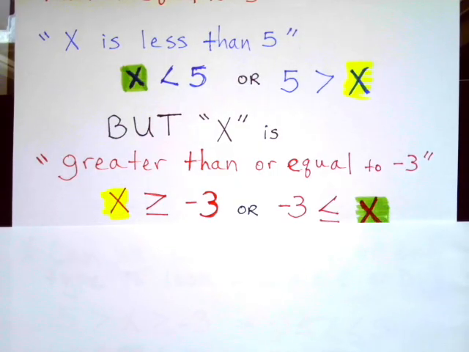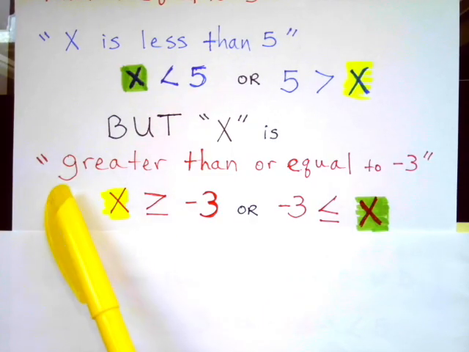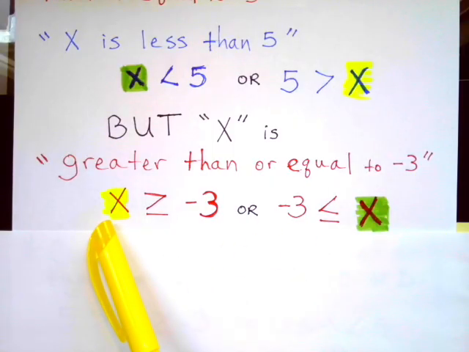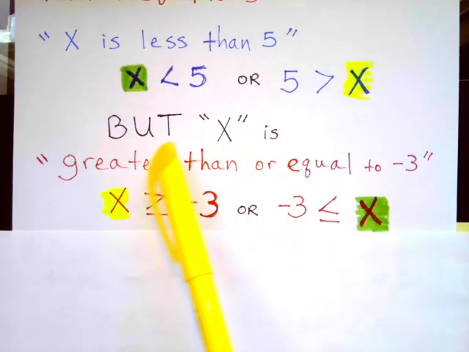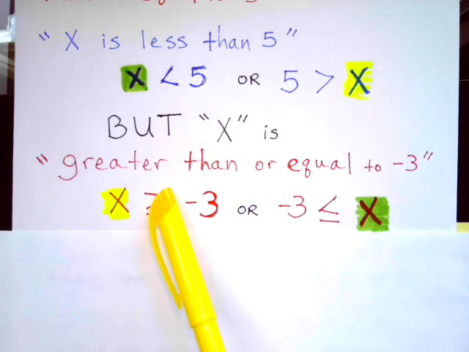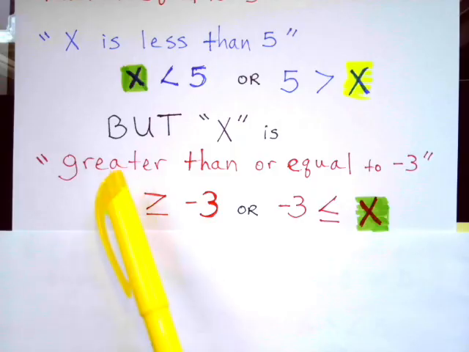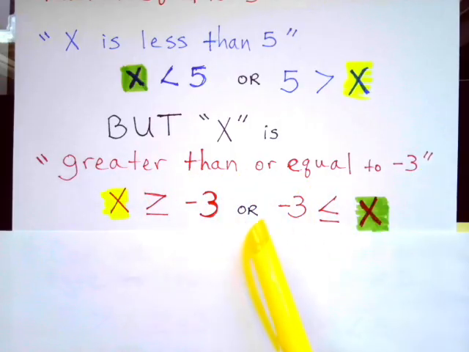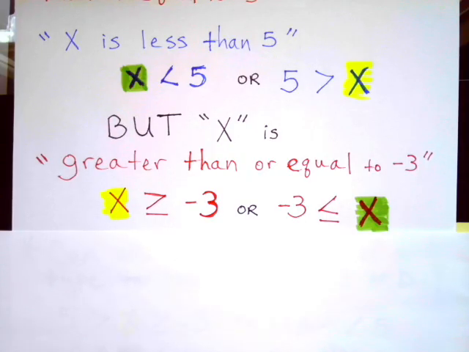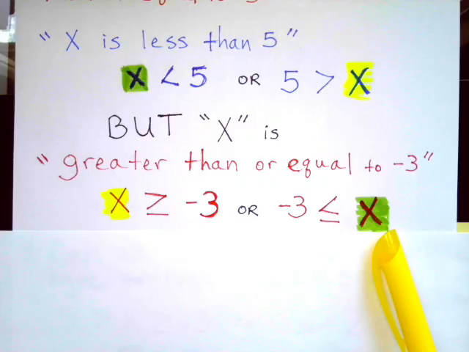So x is greater than or equal to negative 3. That's what the "but" kind of represents. Or, if you took it and flipped it, you're saying the same thing: negative 3 is less than or equal to x.